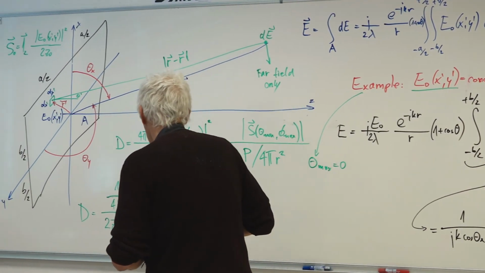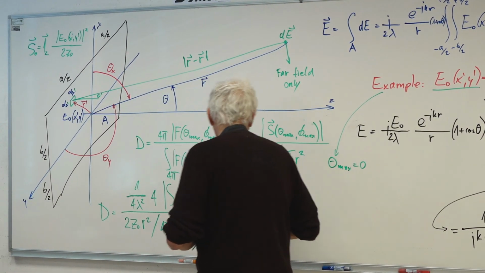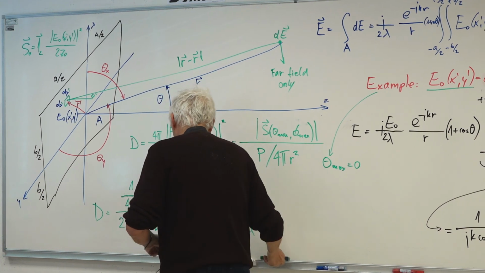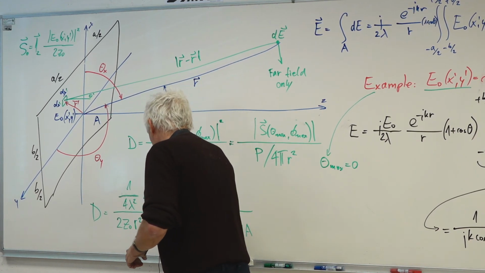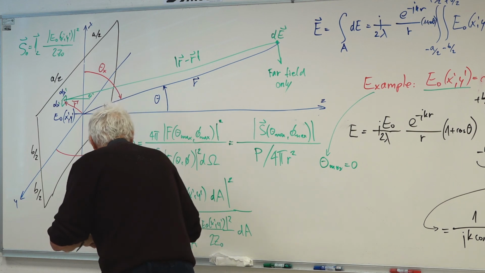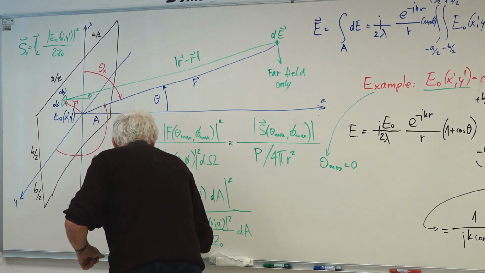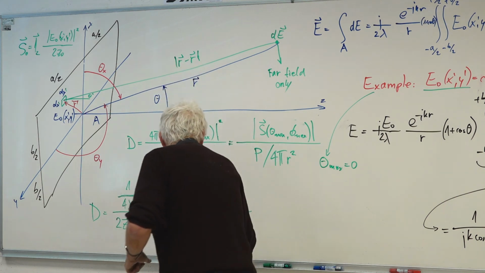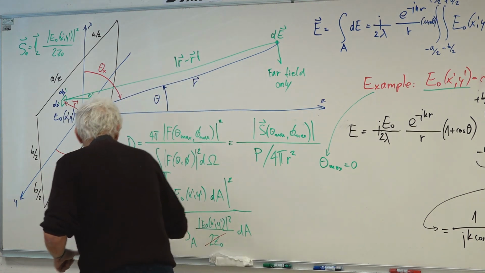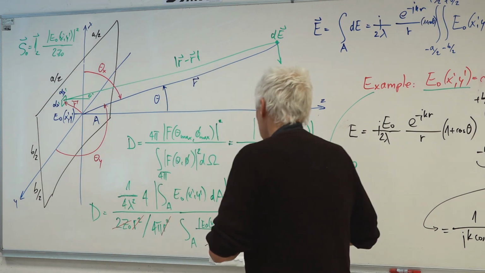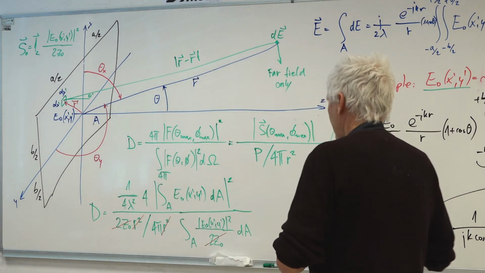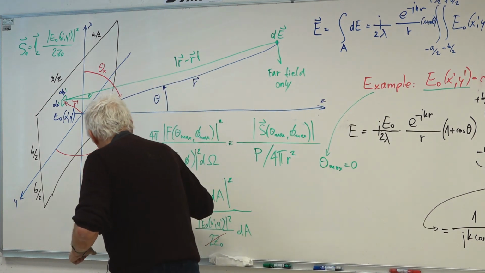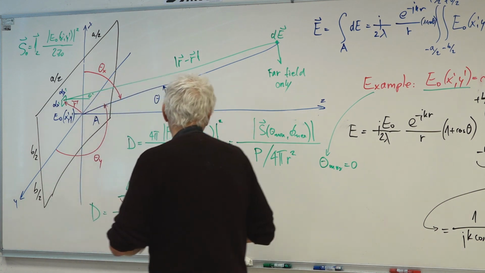No, it's correct. Everything is correct here. So now let's see what cancels out here. This r squared and r squared cancel out. Then this 2z0 and 2z0 cancel out. And this 4 cancels with this 4. Okay, everything is correct now.